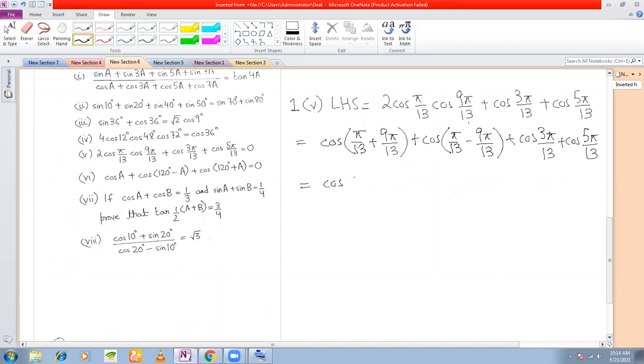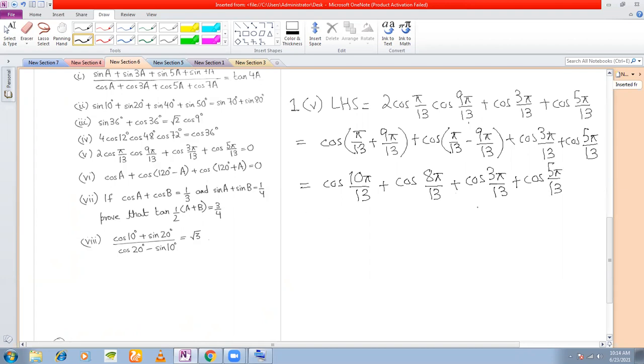So here you get cos 10 pi by 13 plus cos pi minus 9 pi is minus 8 pi. Now a minus will get absorbed. So you simply write this as cos 8 pi by 13 plus cos 3 pi by 13 plus cos 5 pi by 13.